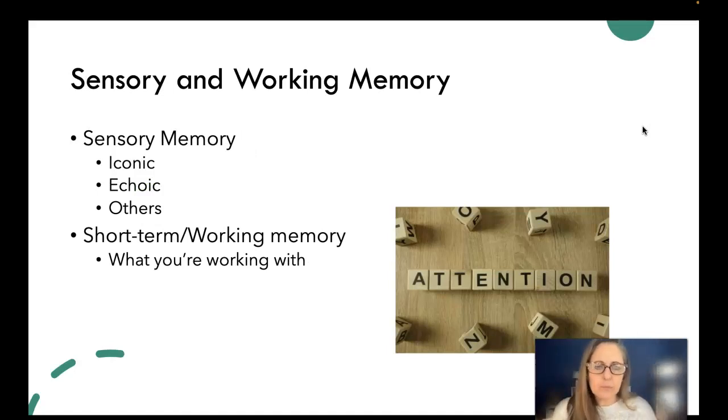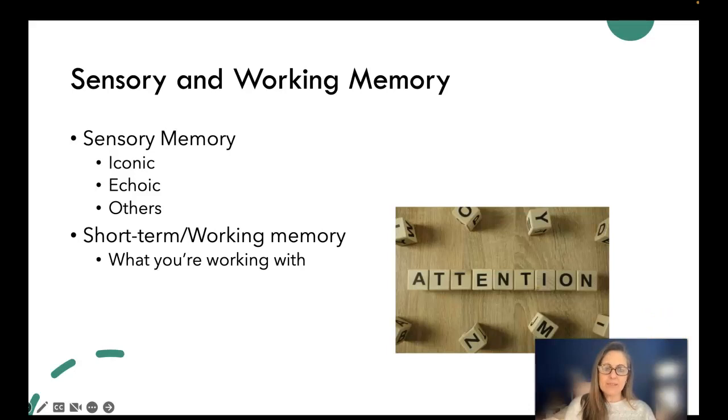But as we do, we're going to take a look at those different parts of the memory process, or those different stages in memory. Because it's sort of the first stage, where information first enters the memory system, we're going to start with sensory memory.